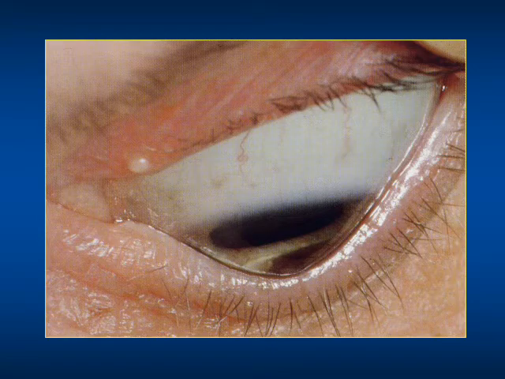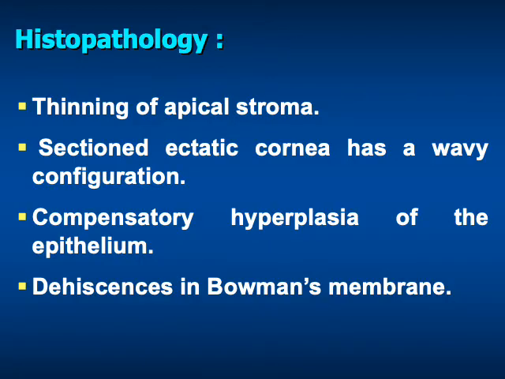Histologically, there is thinning of the apical stroma, ectatic cornea that has a wavy configuration, and compensatory hyperplasia of the epithelium with dehiscence in the Bowman membrane.